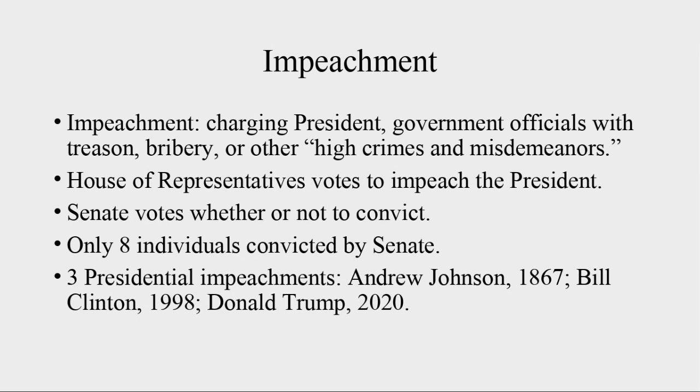Because of this requirement, only 8 individuals have ever been convicted by the Senate. They were all federal judges. And we've had 3 presidents who have been impeached. Andrew Johnson in 1867 was saved by 1 vote in the Senate. Bill Clinton in 1998 for lying to Congress.